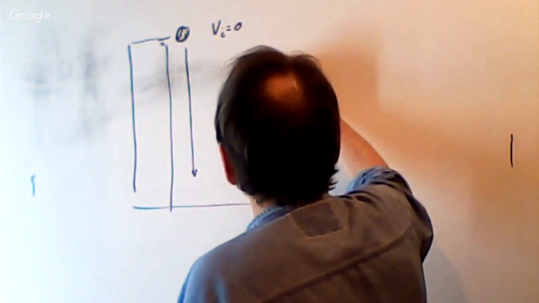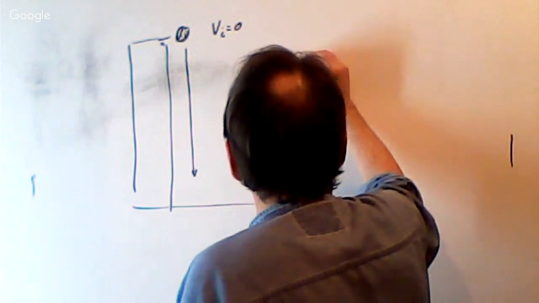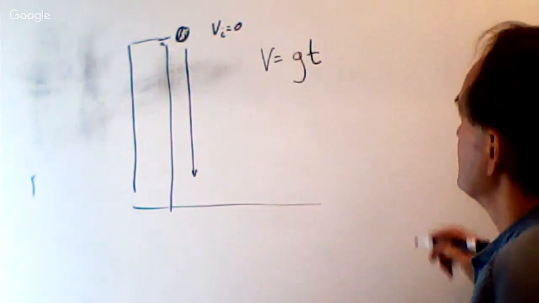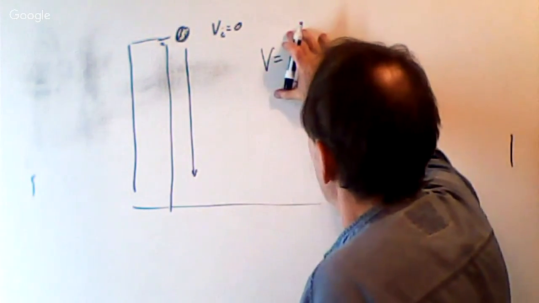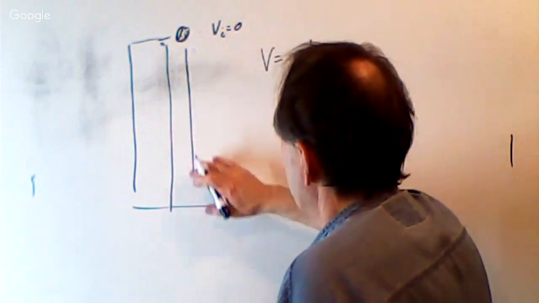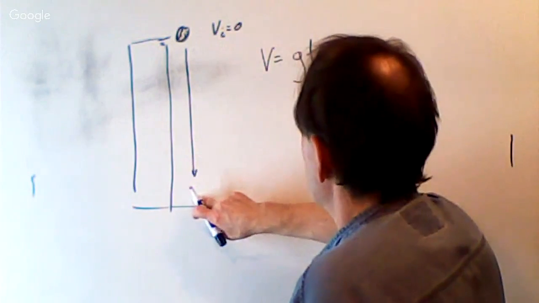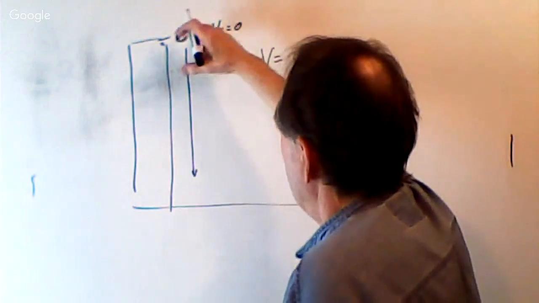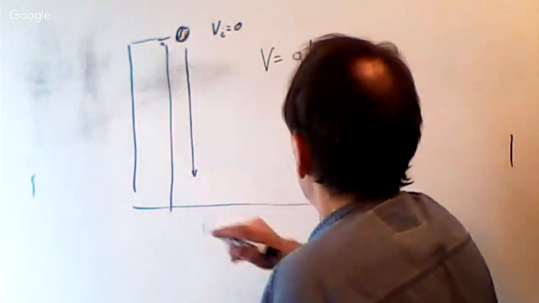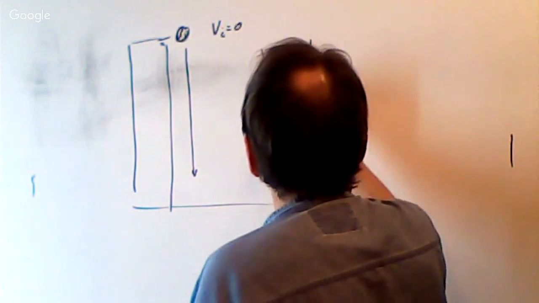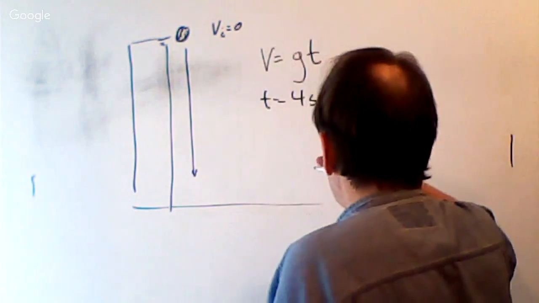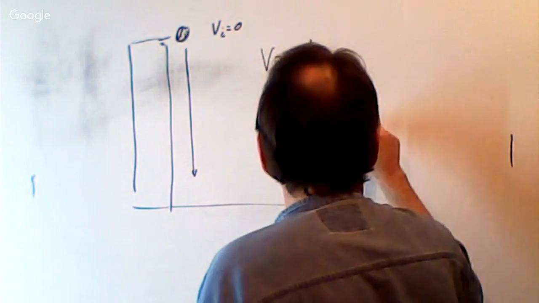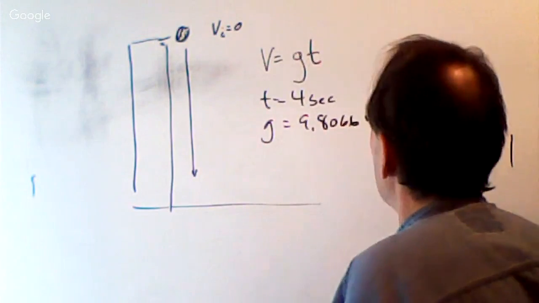The velocity of an object is the gravitational acceleration times the time. So at t equals 0, it has 0 velocity, but say it takes 4 seconds for the object to hit the ground from when you release it. So if t equals 4 seconds, we know that g is 9.8066 meters per second squared.